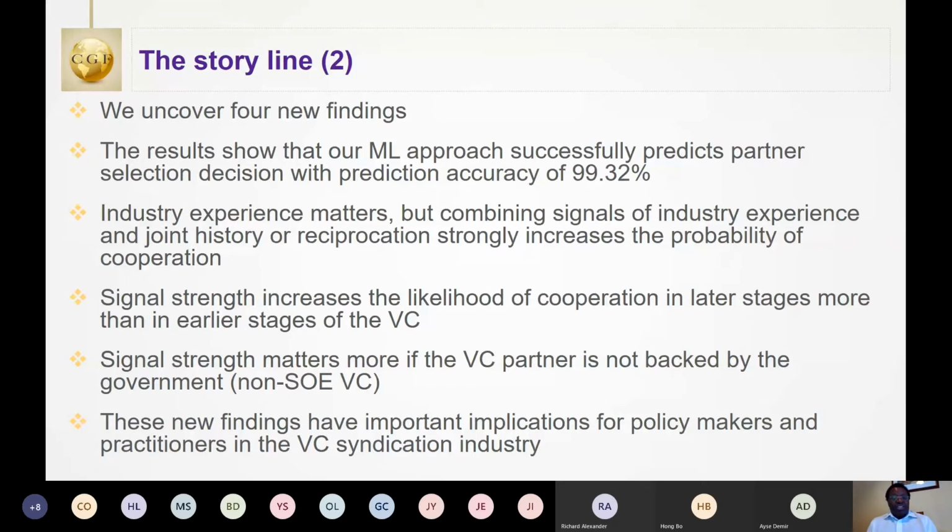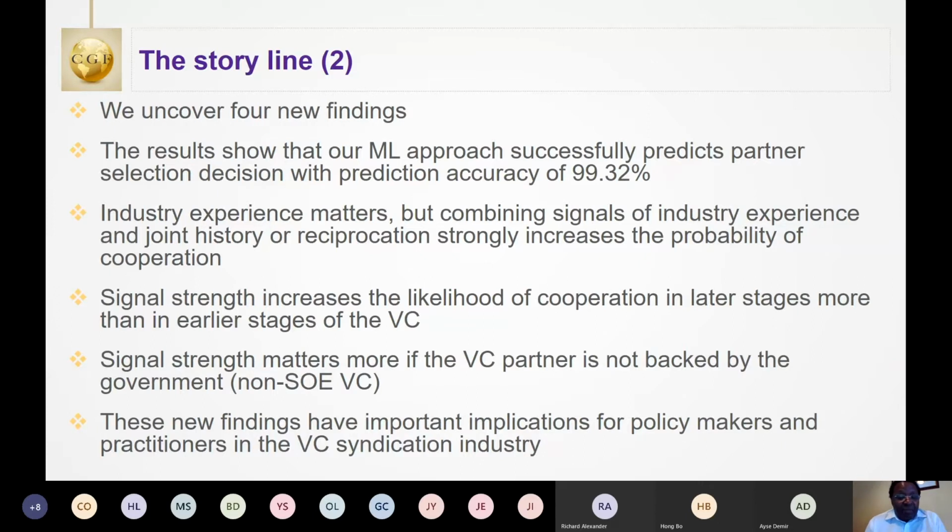We also find that signal extraction does matter, especially in getting the firms to cooperate, so that the venture capital firms will cooperate at later stages of development rather than in the earlier stages. And that seems to shed a little bit of light, but also clear some of the controversies in the previous literature.